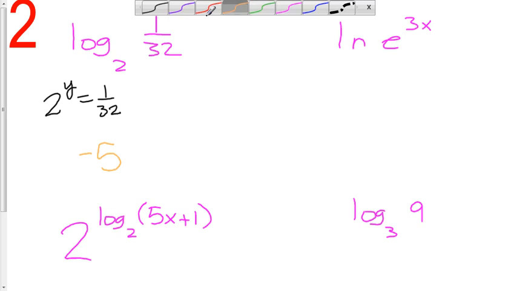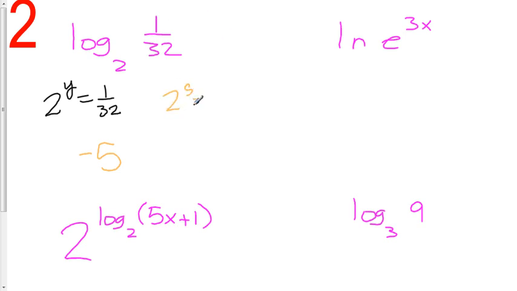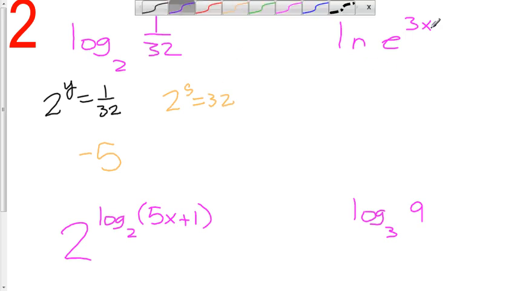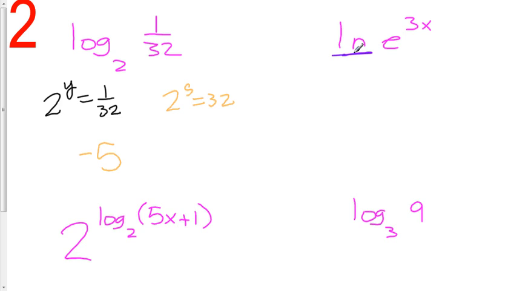Our second question, ln e to the 3x. Because ln and e are inverses of each other, they can go away and you're left with just 3x.